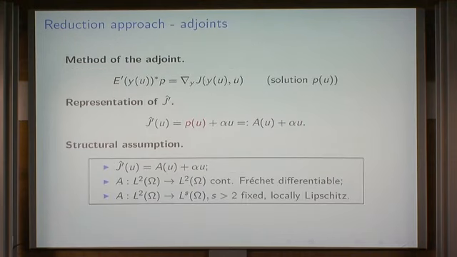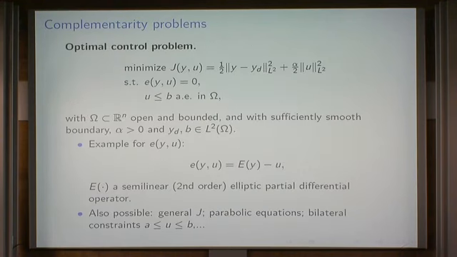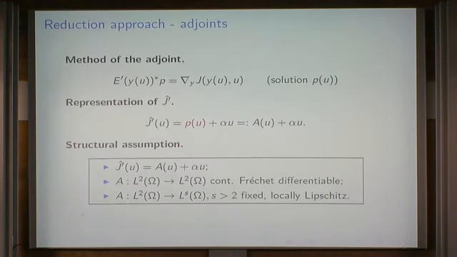Okay, now how can we get rid of this? So there's a sort of adjoint calculus, and I don't go through the details of how it arises. I'll be happy to discuss this later on one of the boards in the house here. But there is an adjoint equation, so you differentiate the PDE operator. I'm sticking here to the format which I gave you over there. This may still be a semi-linear operator. So what you do is you differentiate, you take its adjoint, and this again gives you a partial differential operator linearized at y of u, and you get an adjoint state P which solves this PDE here.